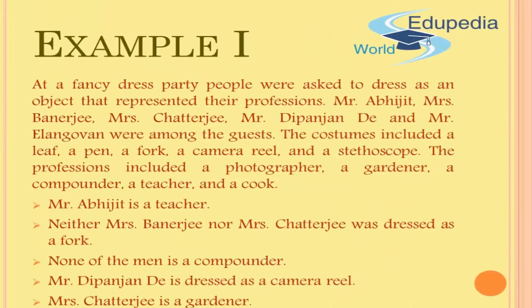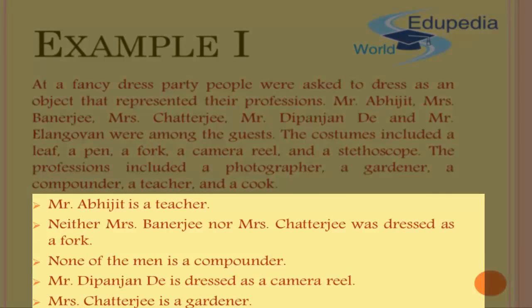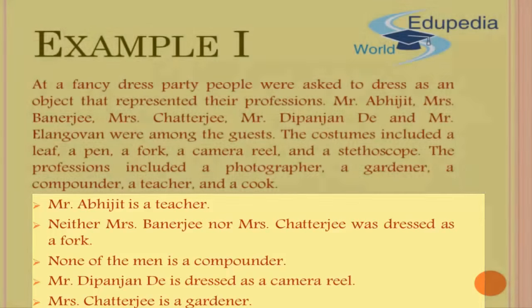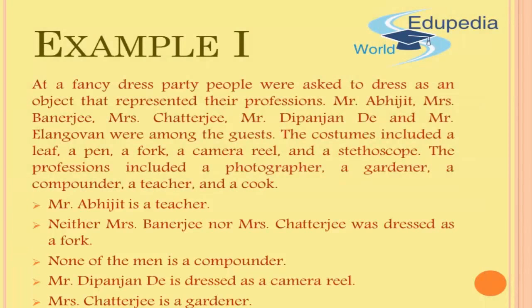So in this example on your screen, you see that there's a puzzle given to you, and there are 1, 2, 3, 4, 5 clues that you have to use to arrive at the answer. So first of all, let us read this. Let's see what they're saying. It says that at a fancy dress party, people were asked to dress as an object that represented their professions.